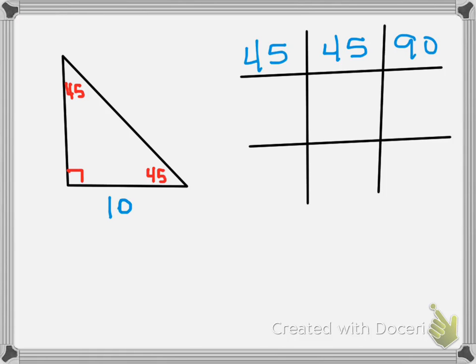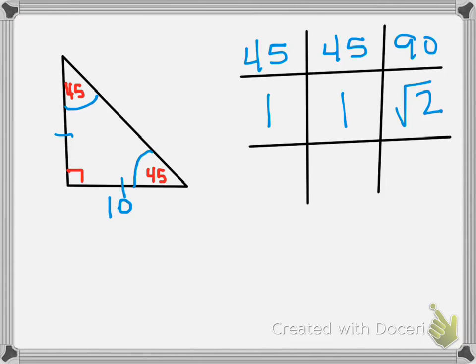If we remember, when we talked about isosceles triangles, if the angles are congruent, what did we know about our side lengths? They are also congruent. So our ratio is 1, 1, and the square root of 2. And I always remember the square root of 2 is because I have two side lengths that are the same. So the ratio is going to be the square root of 2.